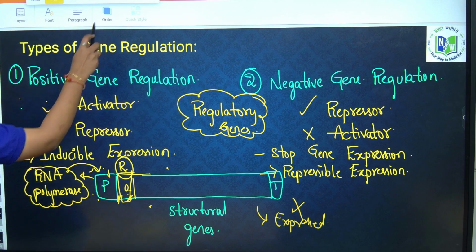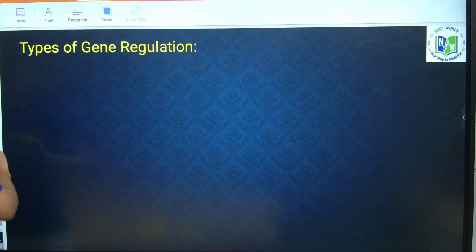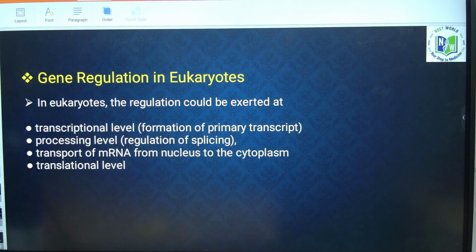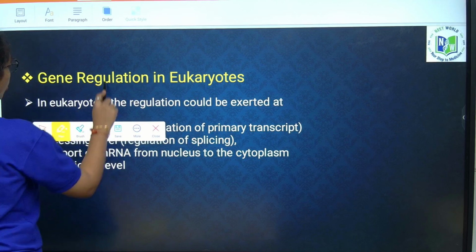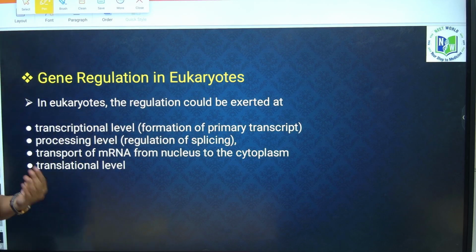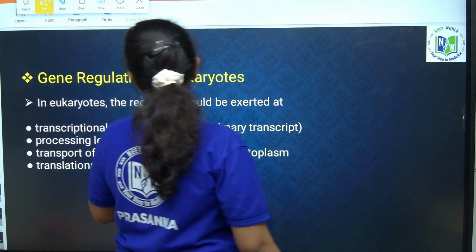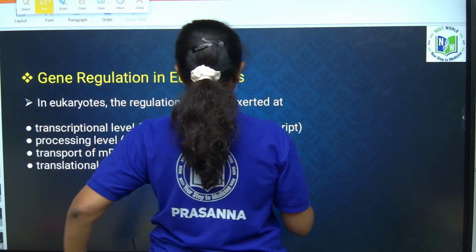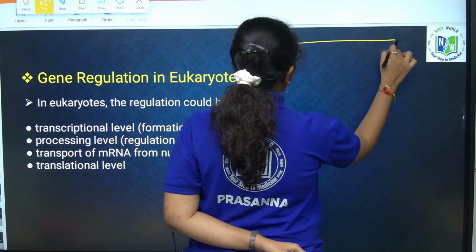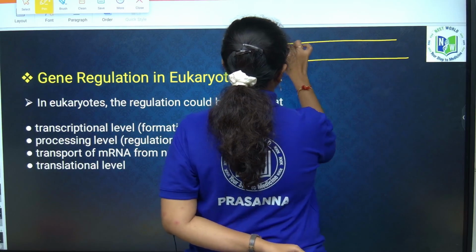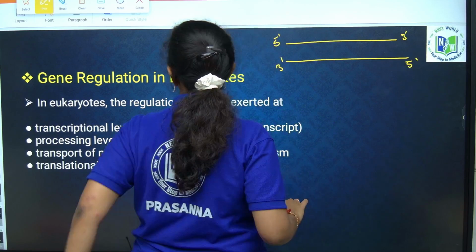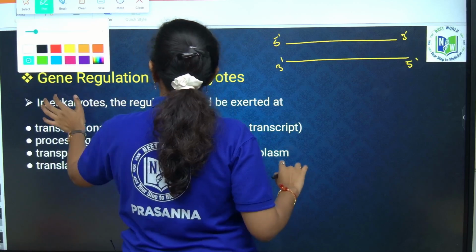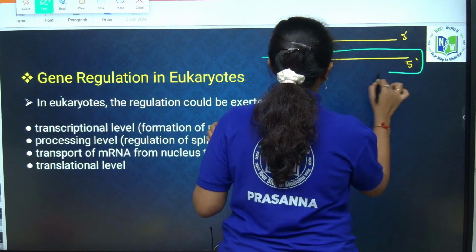Now we will look into the gene regulation pattern both in eukaryotes and prokaryotes. If you look over here, in eukaryotes, gene is expressed at 4 levels. The first level is the transcriptional level, where from the double stranded DNA, 5 prime to 3 prime and 3 prime to 5 prime, the 3 prime to 5 prime strand acts as the template strand.